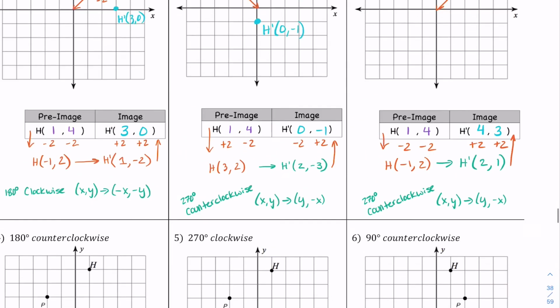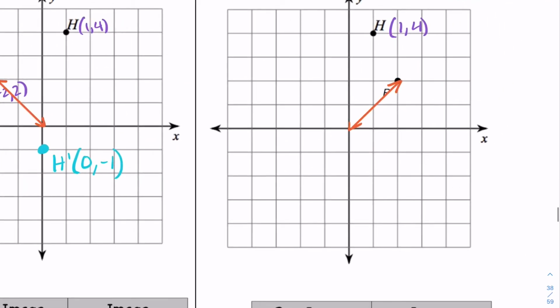So H prime is at 4, 3. And that's it. That one looks a little weird, but look at this. 1, 2, 1, 2. So it's where it needs to be. It's just we're spinning around that fake origin for a little bit.